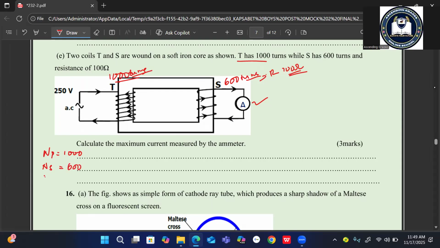We have our voltage at the primary as 250. Then we can calculate the voltage at the secondary. So we use the formula NP over NS equals VP over VS.